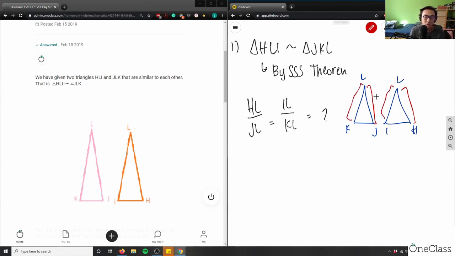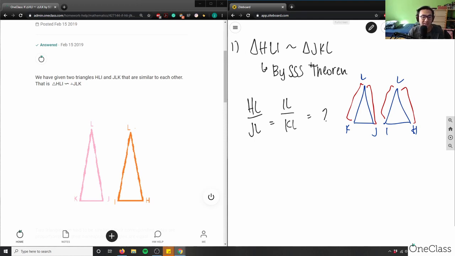So what other ratio can we write here by SSS theorem to prove that these two triangles are similar? Let me give you a minute to think about this question. We might have to define SSS theorem to figure this out. If you know it and you're here in the chat, let me know by waving hi or answering the question.